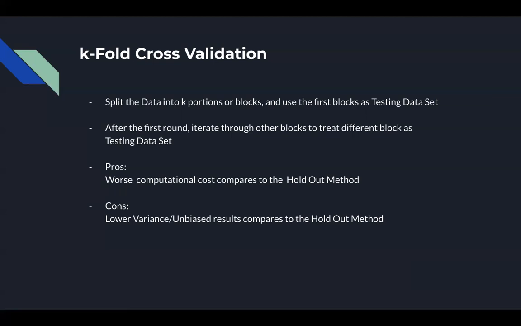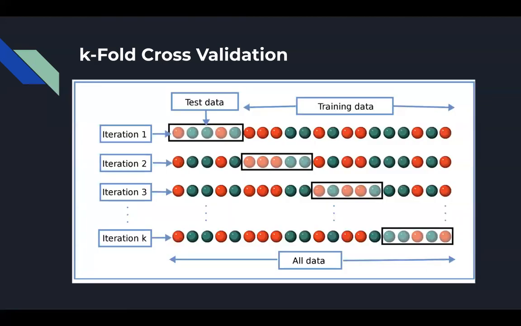To avoid the high variance we have in the holdout method, the technique will iterate again to use the second block of data as testing data and the rest as training data. And we can see in the diagram over here, in the first iteration, testing data will be the first block, second iteration, the second block, and so on and so forth.